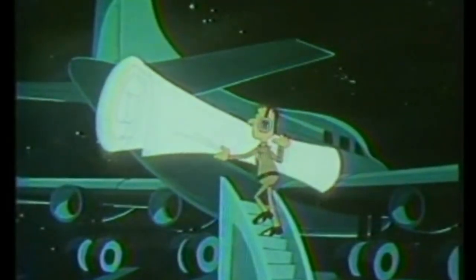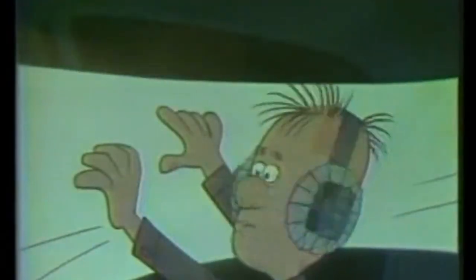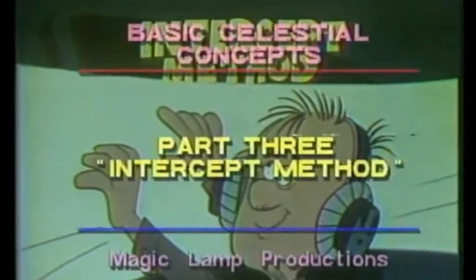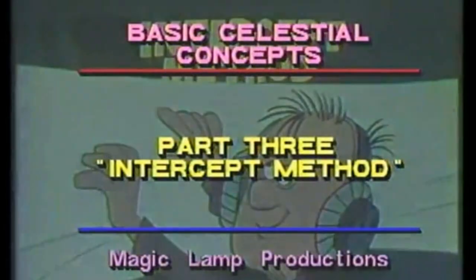But if the altitude is less than 85 degrees, and it usually will be, you would need a chart too large to fit in your aircraft. So you must use a different technique. It is called the intercept method, and it will be discussed in part 3 of this series.